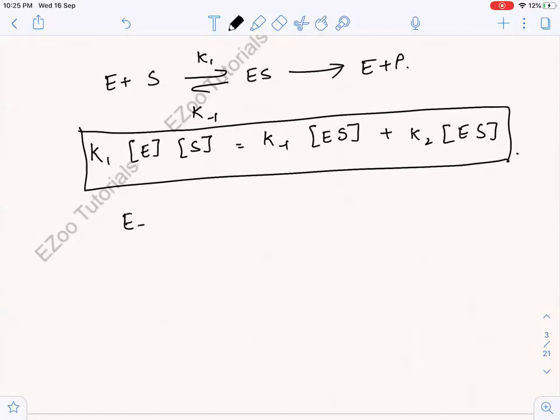अब हम एक बात और समझ लेते हैं कि total enzyme is what?